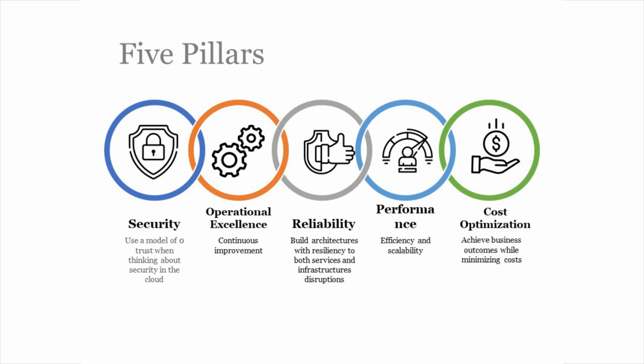Performance efficiency. This pillar focuses on efficiency and scalability. With cloud, you can handle any amount of traffic, so you don't need to configure your services with scale in mind. In the on-premises model of doing things, servers are expensive and it may take a long time to deploy and configure them.